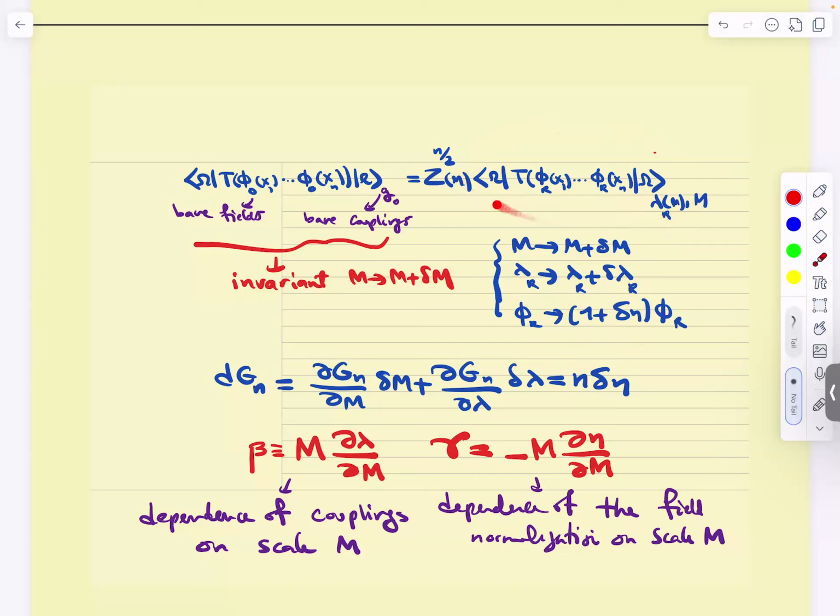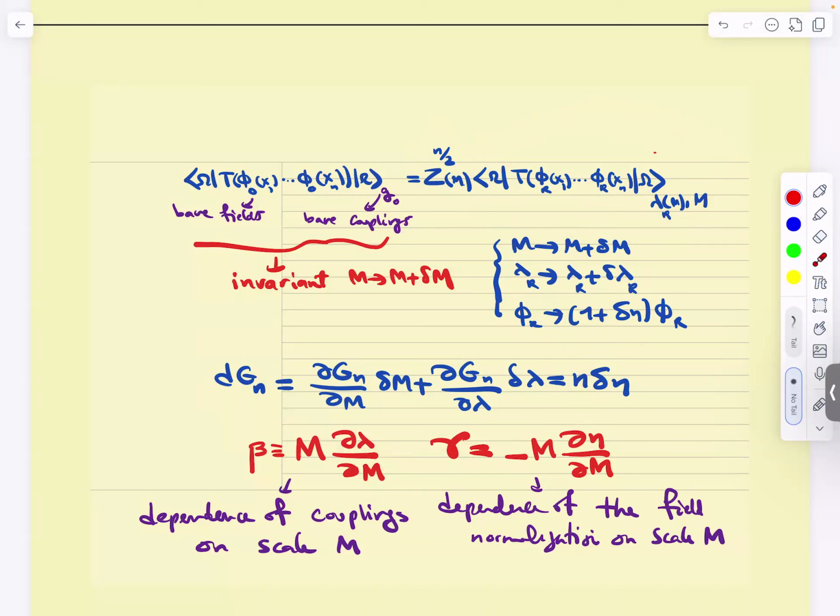The variation of the renormalized correlator G_n will have to be n delta eta, because the variation of this term will have to cancel the variation of that term.